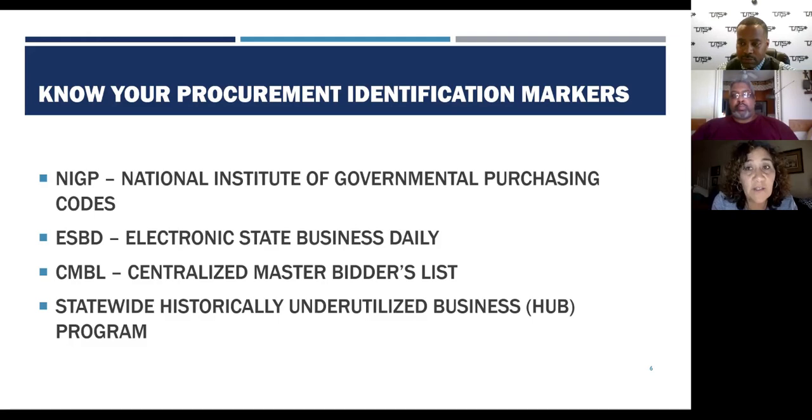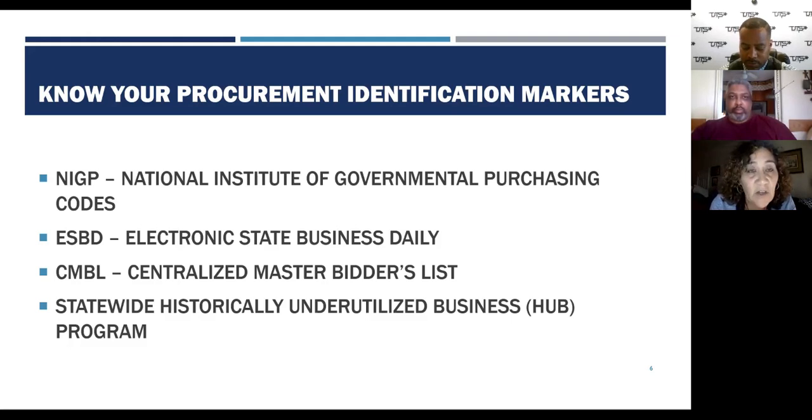The statewide historically underutilized business program certifies the small businesses and provides and lists those certifications in a HUB directory. The HUB directory is listed within the centralized master bidders list as a subcategory. And the centralized master bidders list is considered the state's master bidders list.